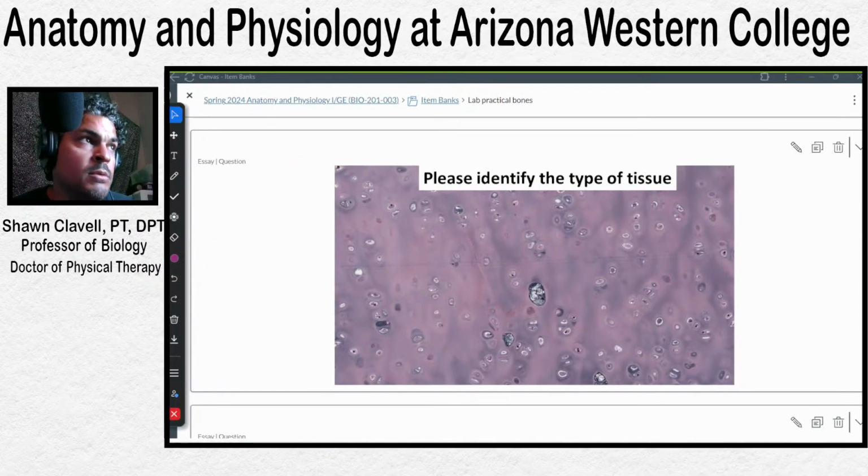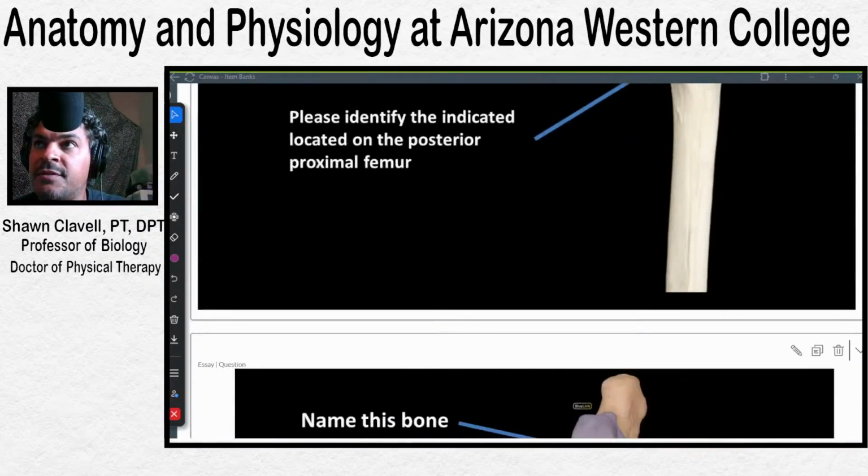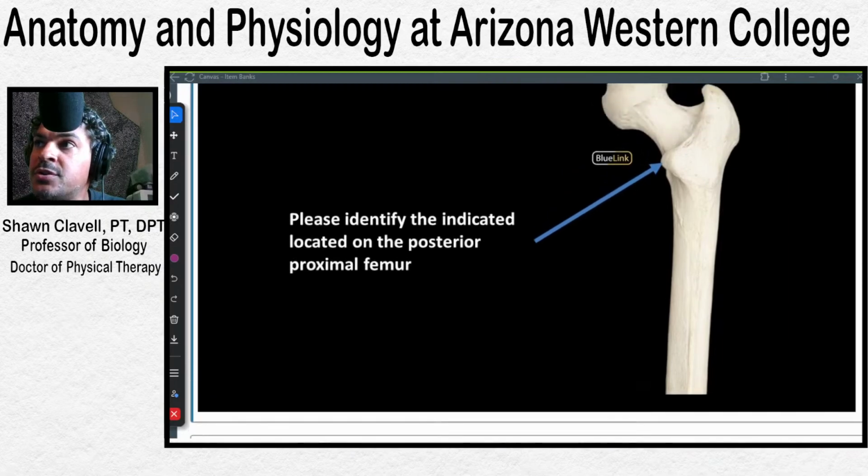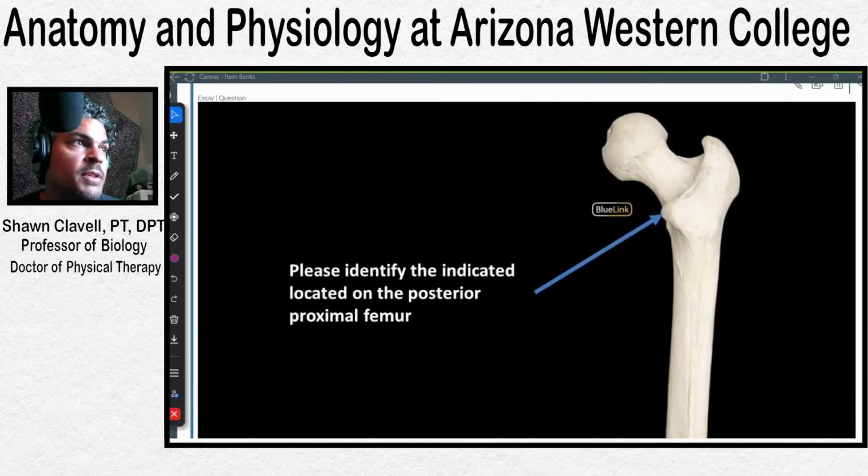I shouldn't say what it is, but there's one that's a structure histologically we should be identifying. But then here you go, here's a structure. It's asking to identify the indicated feature located on the osteological features.